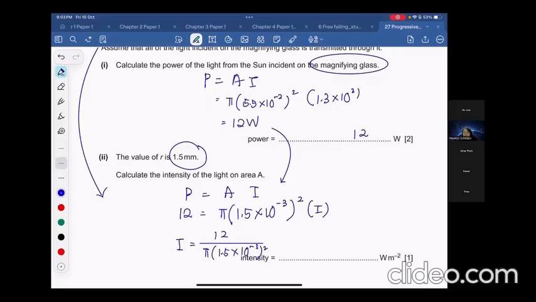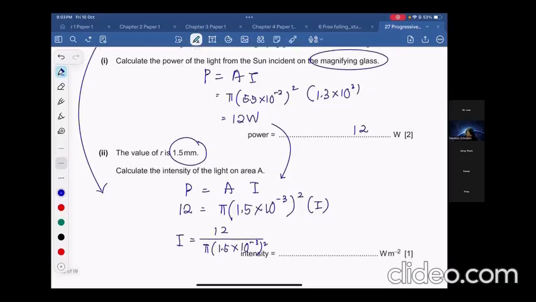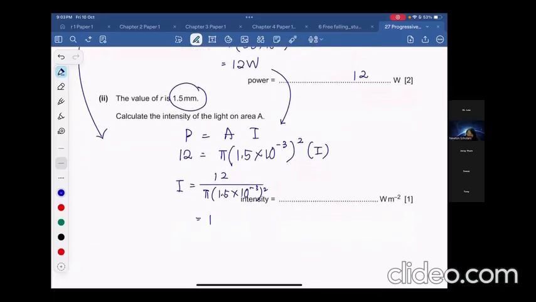Wesley correct. Kai Chen correct. Read the calculator wrong. Okay, boys and girls, here your answer should be 1.7 times 10 power of 6 watt per meter square. Is it okay? Yes or no?